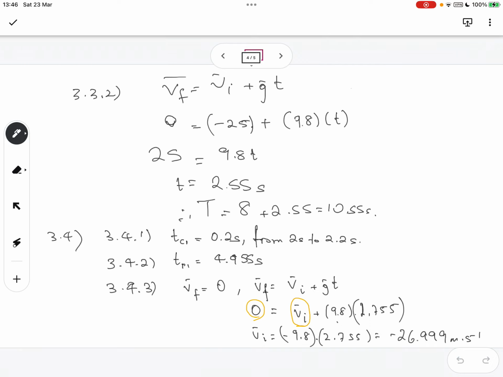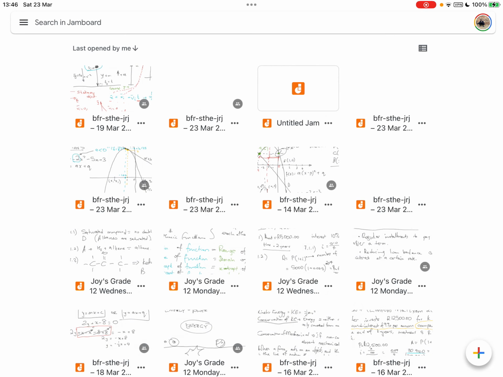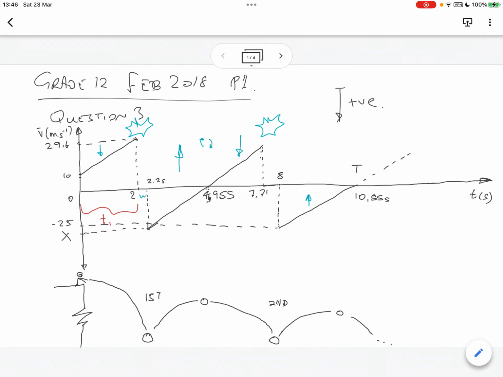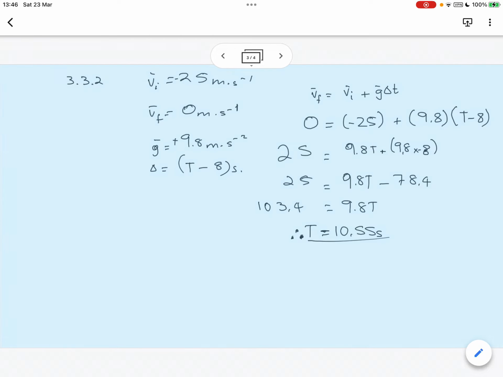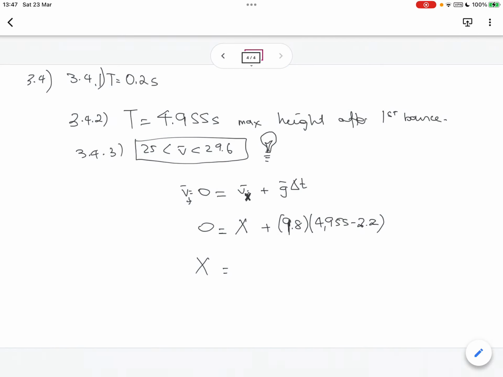And then 4.955 seconds is there. Then here we're just going to have to find delta t. So we did it last time. But did you get it from the last Jamboard we had? I have both Jamboards open. It's the same answers, right?